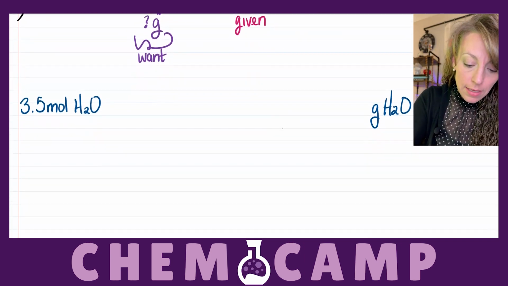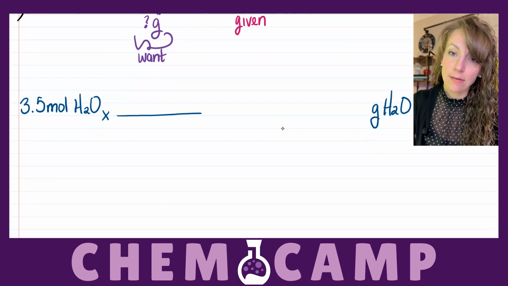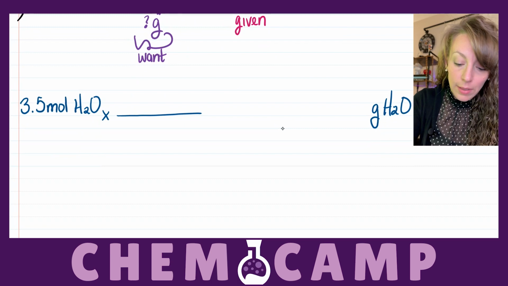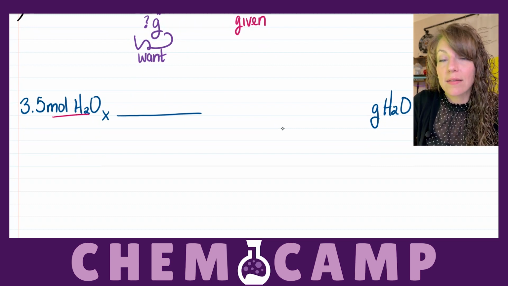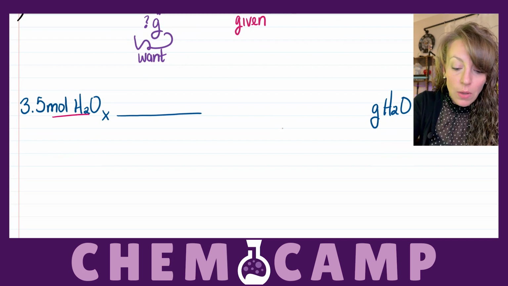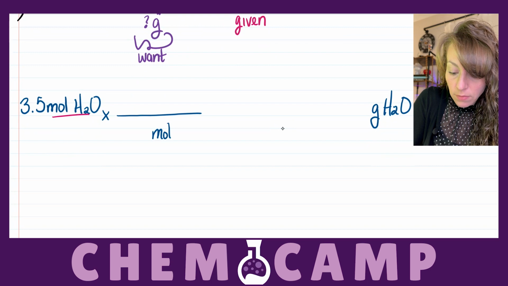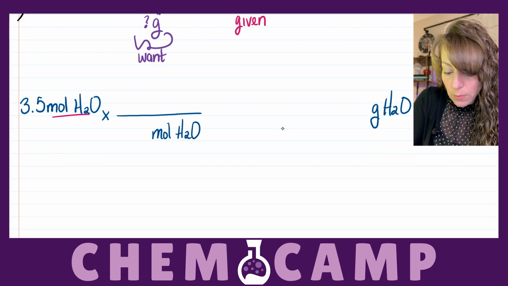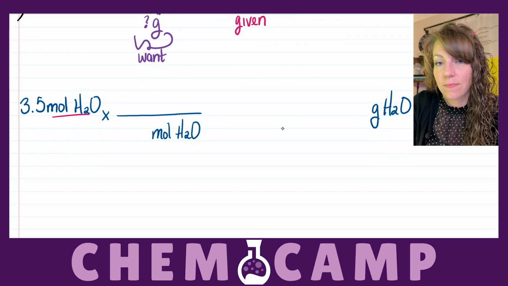Here, we're going to set up a ratio. So we're going to put a multiplication sign and then a division sign. Now, we have moles of H2O that we want to get rid of. Anytime you want to get rid of a unit, you bring that to the bottom of your ratio. So we're going to put mole of H2O on the bottom to cancel.